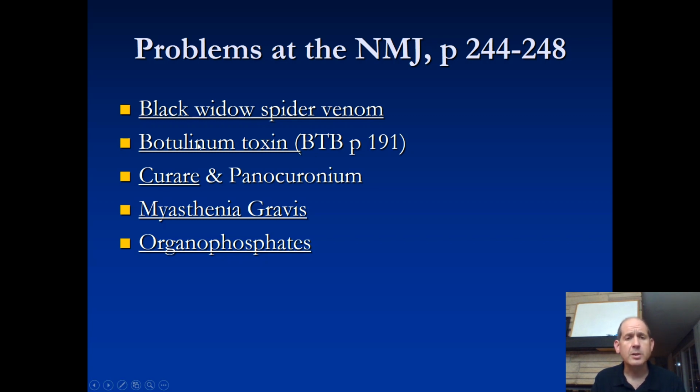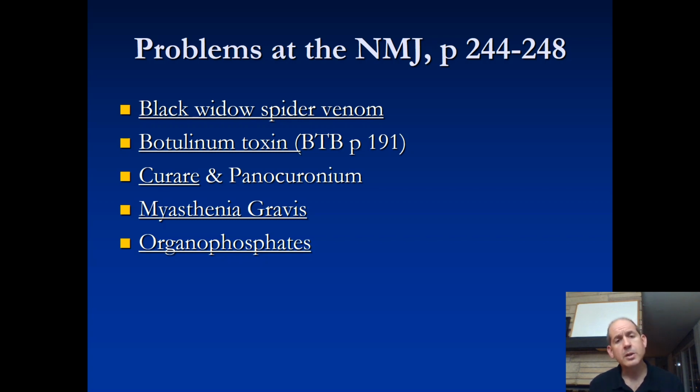The botulinum toxin is one of the most potent naturally occurring toxins known to man. If you were to take a 200 milligram Advil or ibuprofen tablet and divide it into 200,000 parts, that amount could be fatal for an adult human. It is caused by the bacteria Clostridium botulinum, which is an anaerobic bacteria.